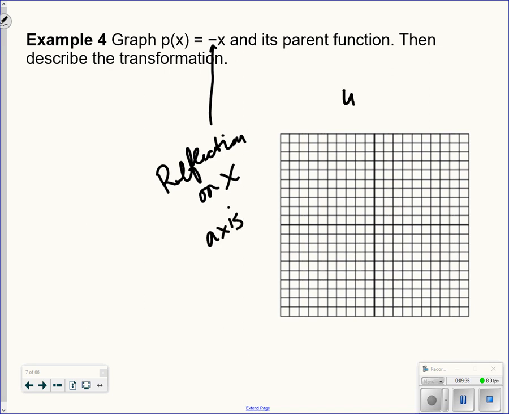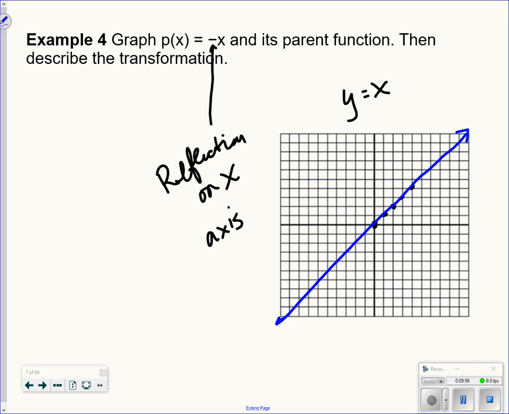Now, I want to do the parent function, y equals x. Y equals x has the points (0, 0), (1, 1), (2, 2). All right, I apologize for the break here. I was interrupted, but I'm back now. The parent function, y equals x, we're going to graph that. And then I'm going to graph y equals -x.